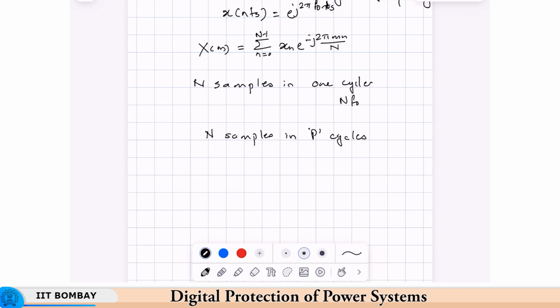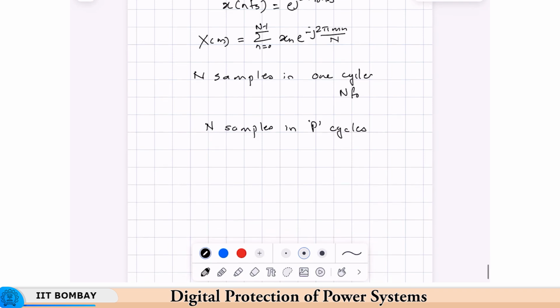So, P is actually f by f naught. All our earlier theory was motivated with P equal to 1, but here P is any positive real number, 0.8, 1, 1.2, anything could be.